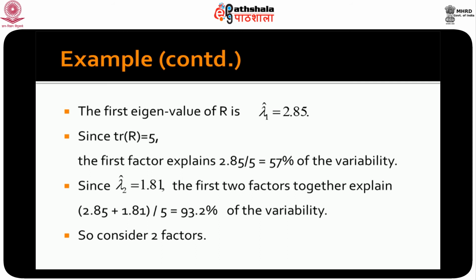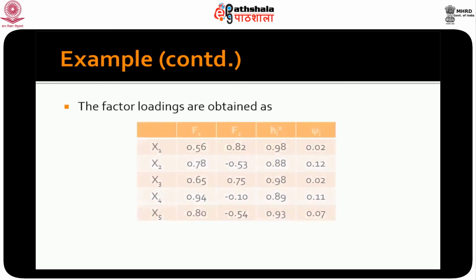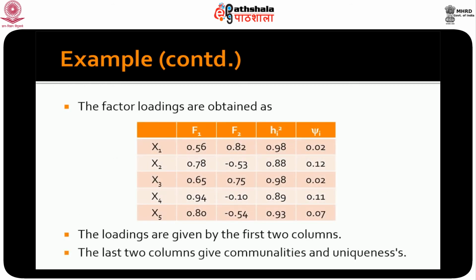So this would be sufficient to explain the data, and hence we will be sticking to 2 factors only. And then what we do is we get the factor loadings. The factor loadings for taste comes out, this is the first variable, let's call it x1. This comes out to be 0.56 and 0.82 respectively.